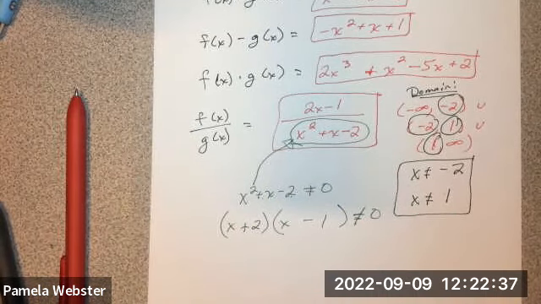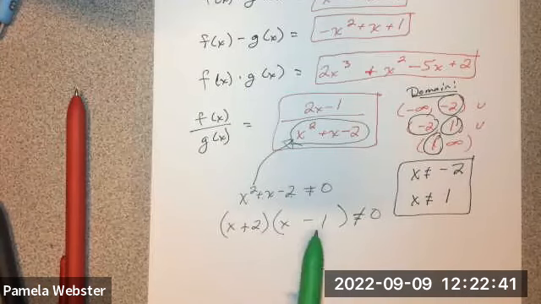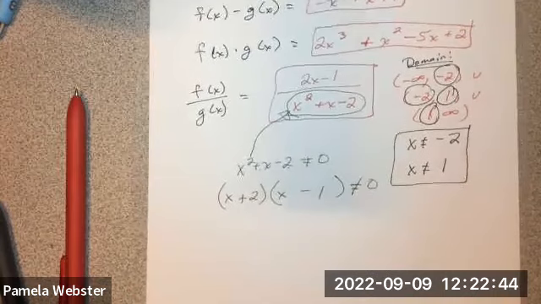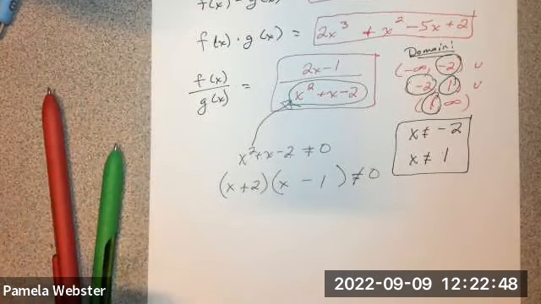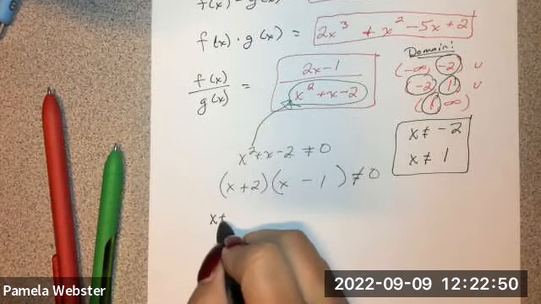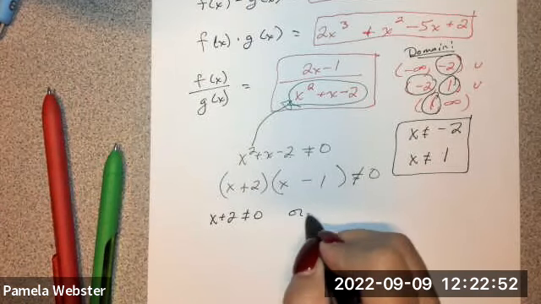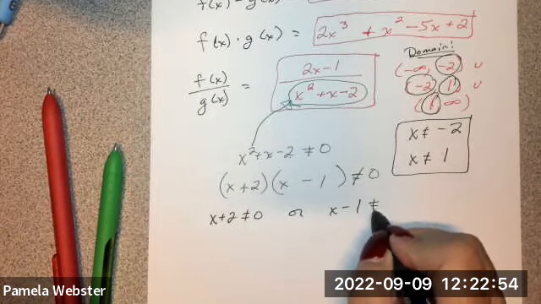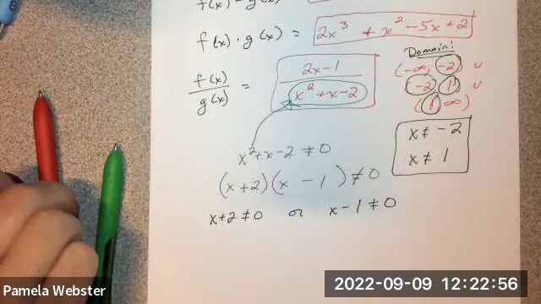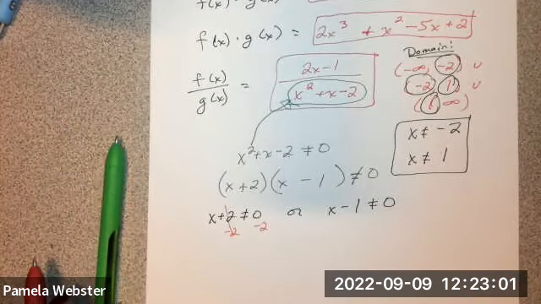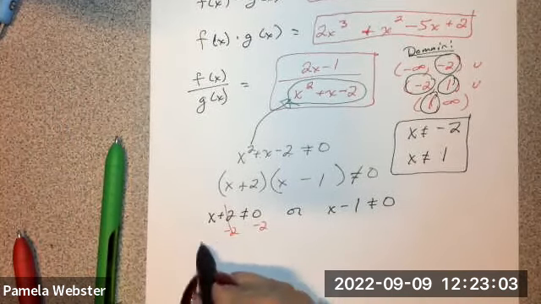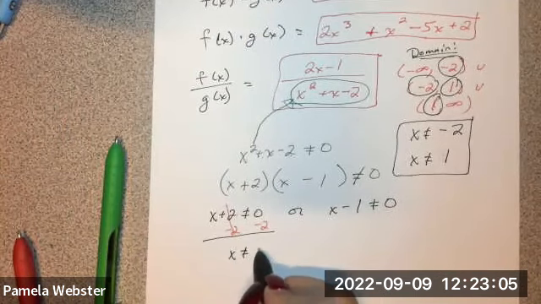If you can't factor it, then put it in the quadratic formula. That will always work. All right, so now I have 2 factors down here. These are linear. Those are easier to solve. That's why we want them to be in that format. So I know x plus 2 cannot equal 0, or x minus 1 cannot equal 0. So x plus 2, I go to subtract 2, subtract 2. x can't equal negative 2.